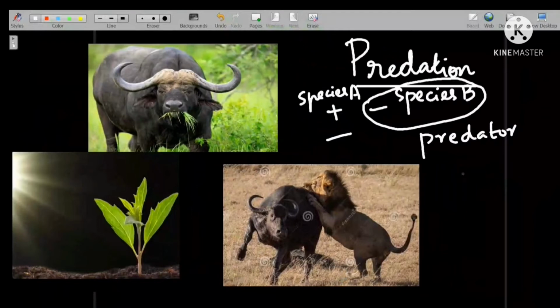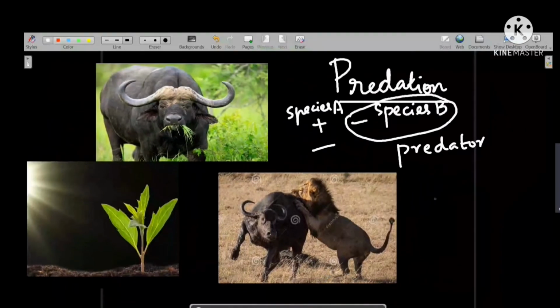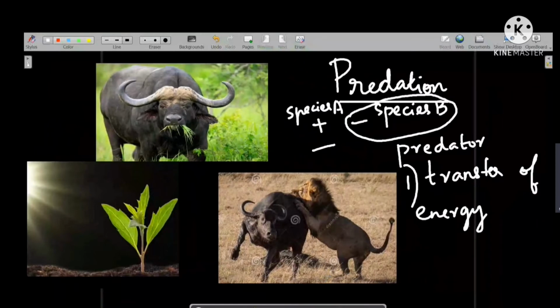Predation is very important in a community because of many reasons. One reason is that they help in the transfer of energy from the basic trophic level to the highest trophic level.